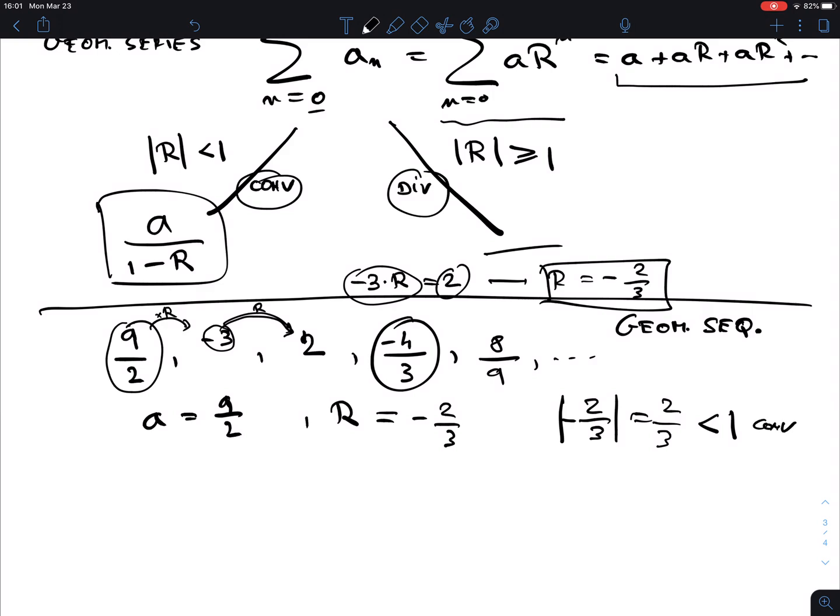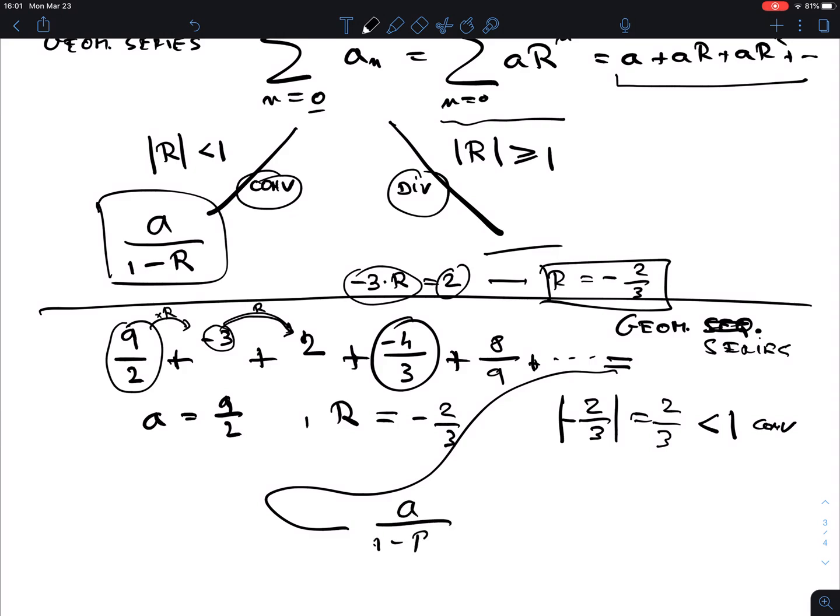So now, if instead of commas we put pluses, so we make it into a series, then this plus dot dot dot is equal to a over 1 minus r, that is 9/2 divided by 1 minus r. Be careful, here in the formula it's r itself.